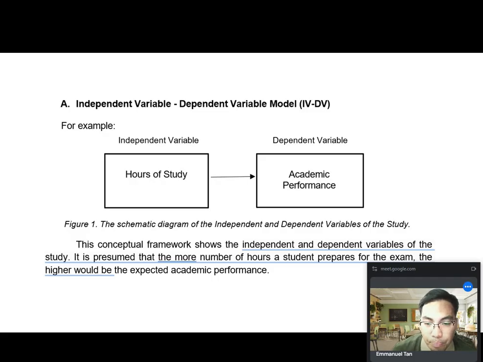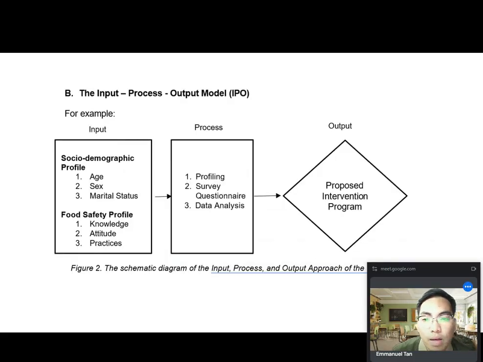So, as you can see there, this framework shows the independent and dependent variables of the study, which presumes that the more number of hours a student prepares for the exam, the higher would be the expected academic performance. Okay? Plus, ito naman yung IPO. Okay? The IPO model.